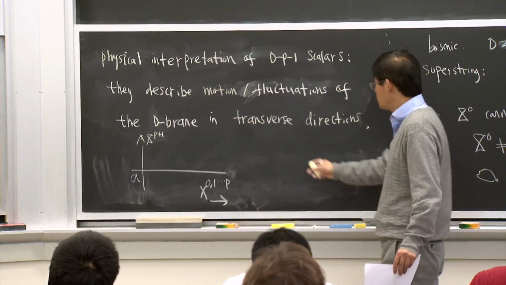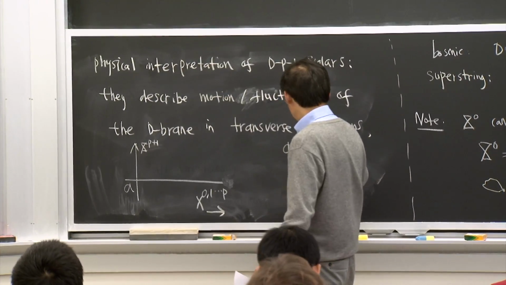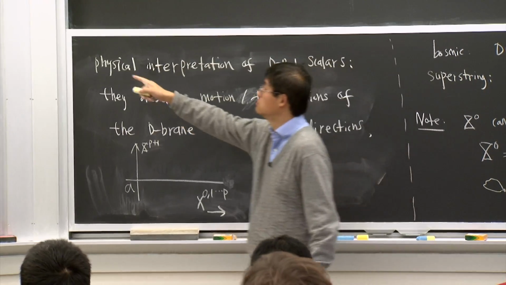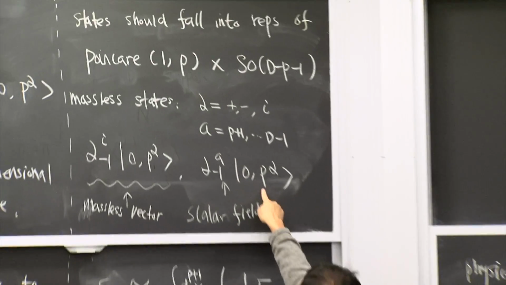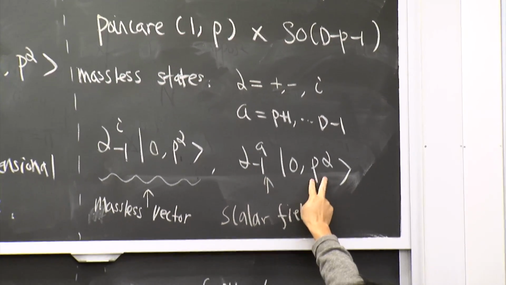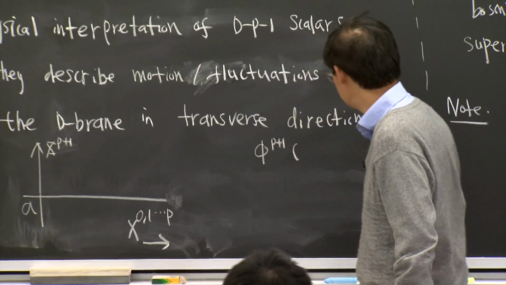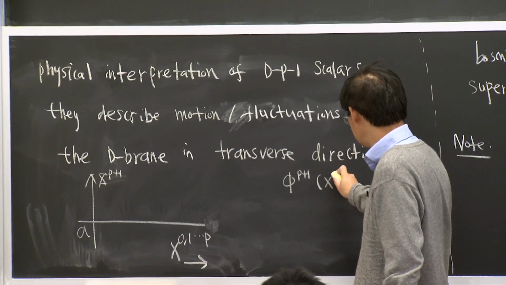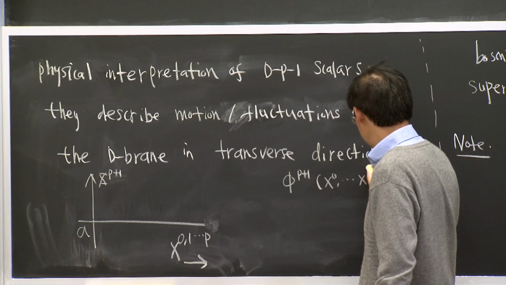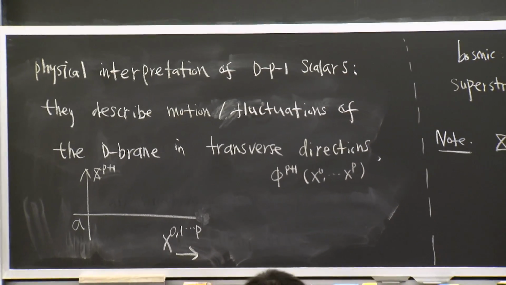But now if you have some excitations in the phi p plus 1 direction, phi p plus 1 is a field in the world volume that can have p alpha momentum. You can go to coordinate space, where they are functions of x1 to xp.